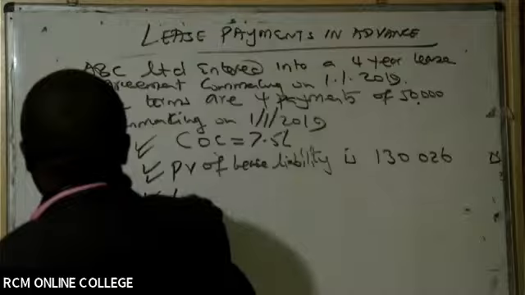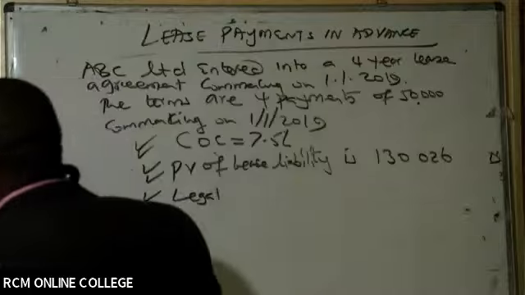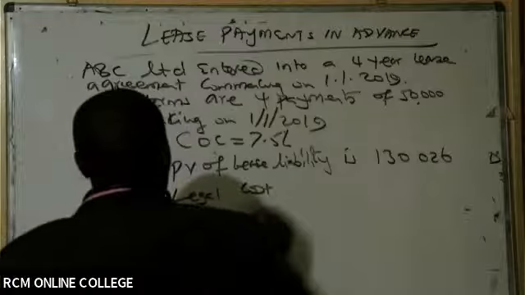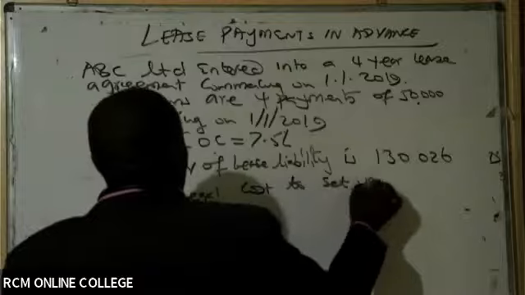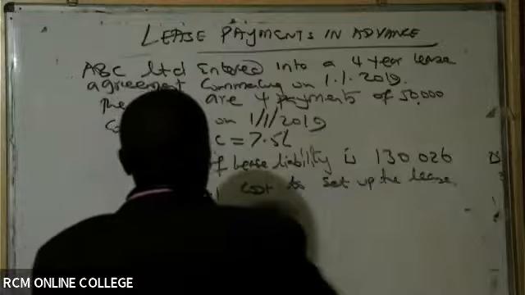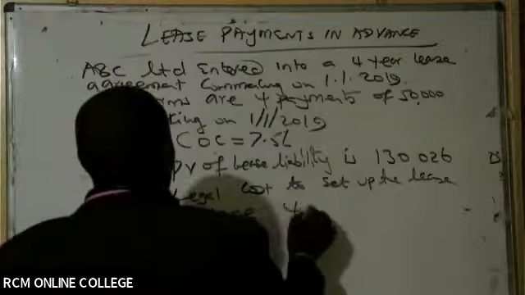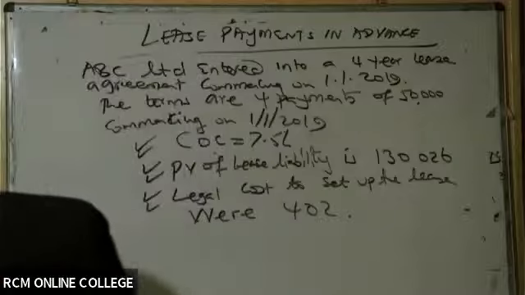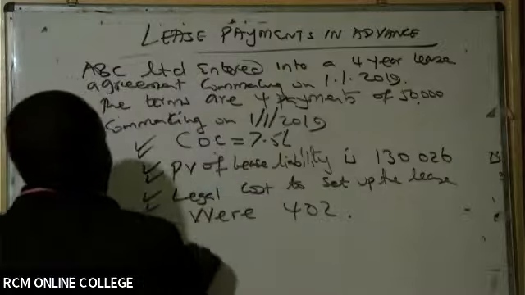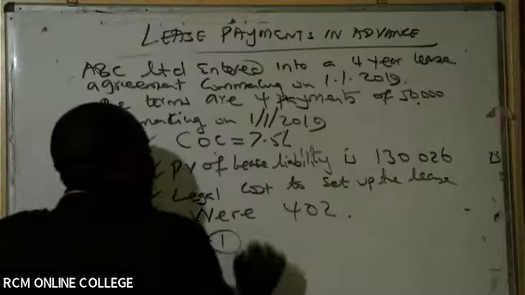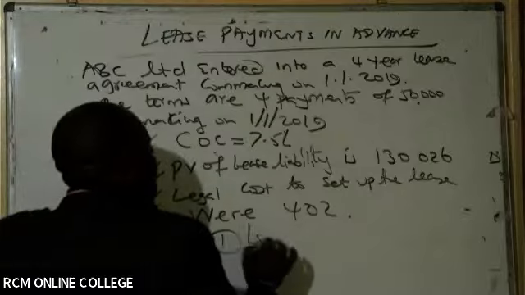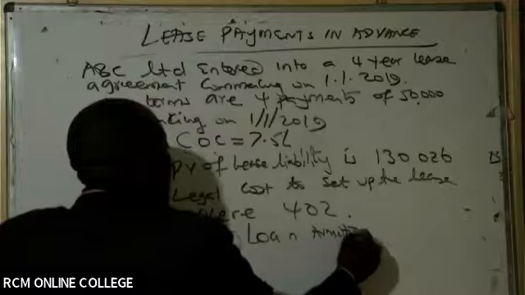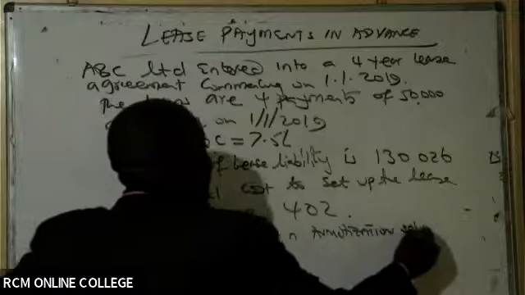And then we have here legal costs to set up the lease, 402. I know there is no figure, but let's just do it the way it is. And then we are required, number one, loan amortization schedule.